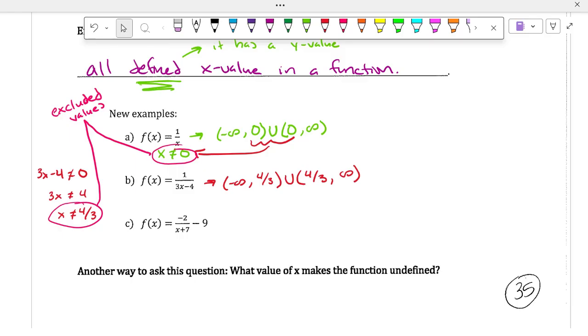All right, the last one. If you graph that, what value does it look like your graph is not going to cross at? -7.